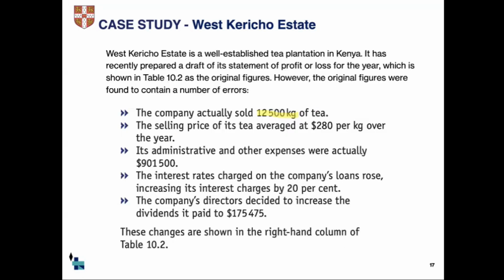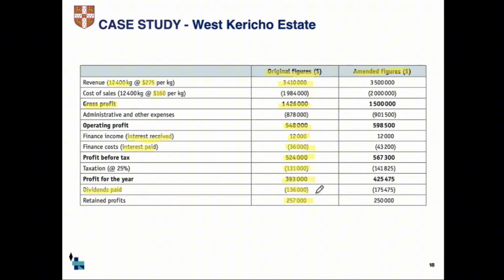The second change is that it says the selling price of its tea averaged $280 per kilogram. On the statement here, it is at $275 per kilogram. So that is also another change. So now in calculating the revenue, it's going to be 12,500 kilograms.